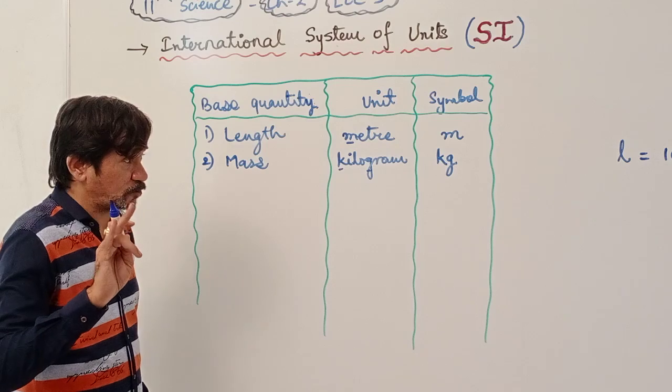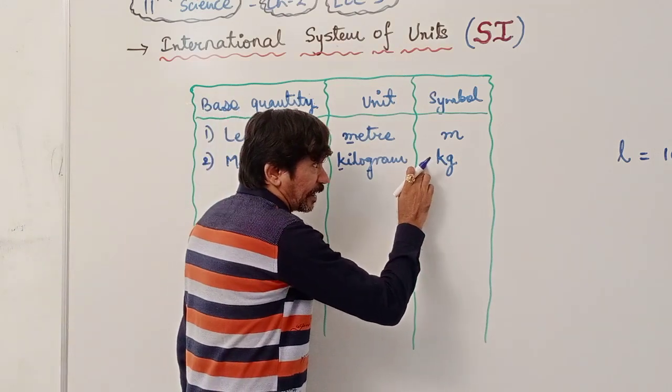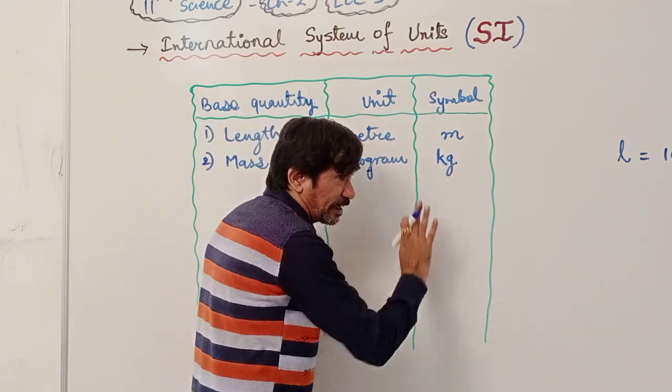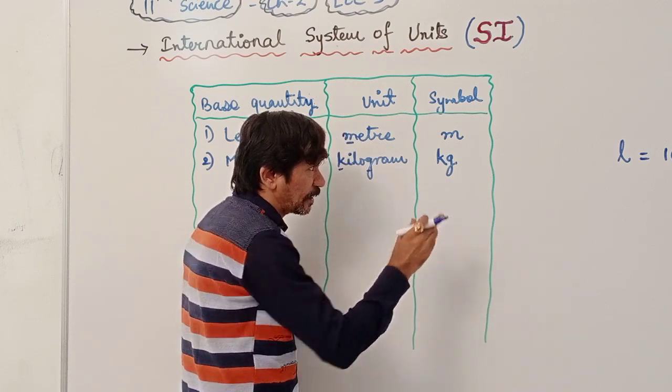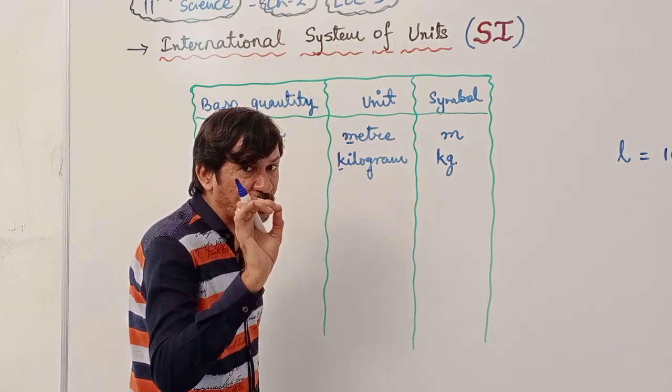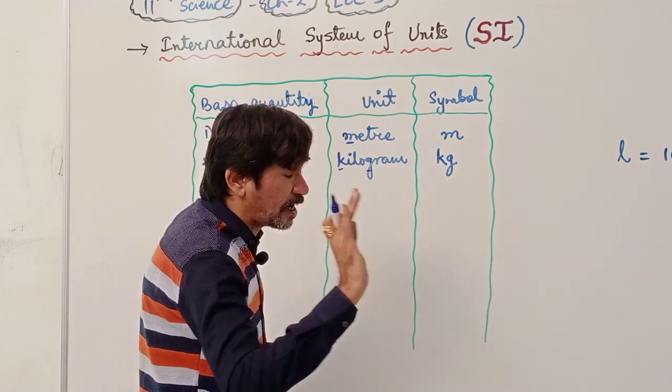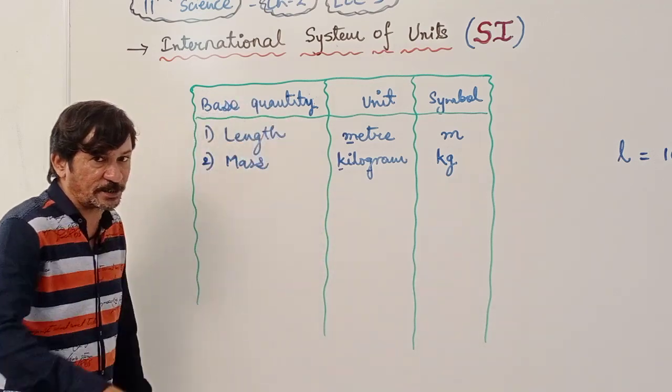No point should be used before k, after g, or between k and g. There is no point, no dash, no comma, nothing, only kg. Don't forget, these are the rules.